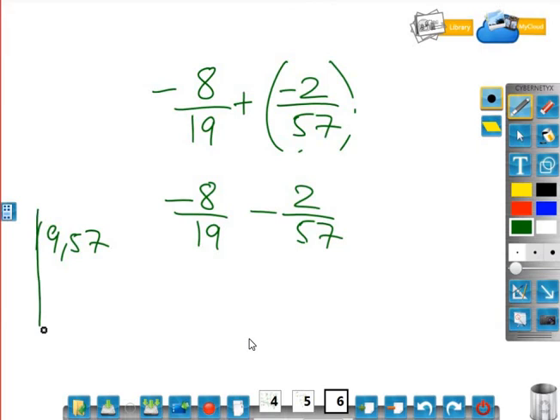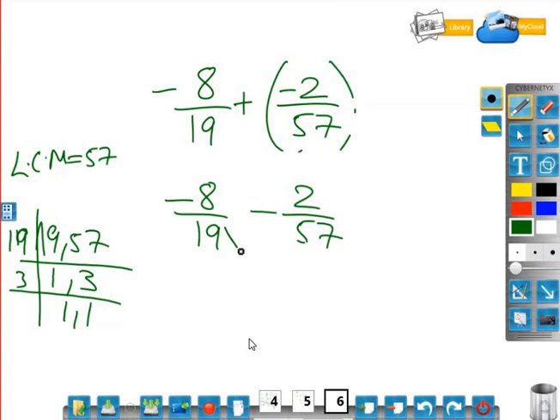Now you can see 19 ones are 19, 19 threes are 57, 3 ones are 3. So 19 into 3, that is 57, is the LCM. LCM is 57. Now if you multiply 19 by 3, it will become 57. Here we need not multiply the other by any number since it is already 57.